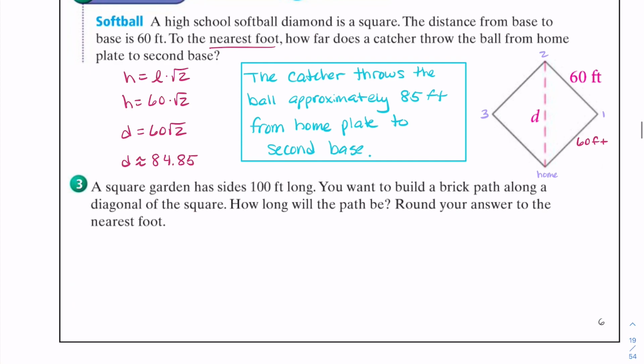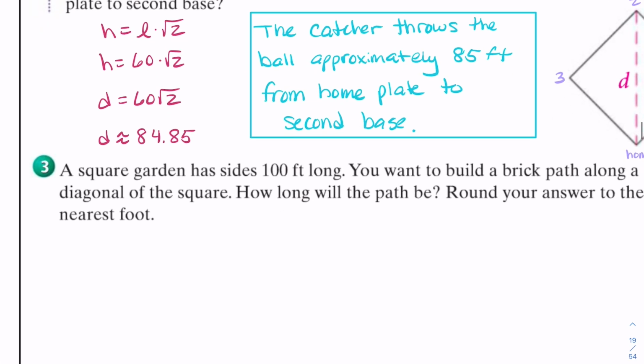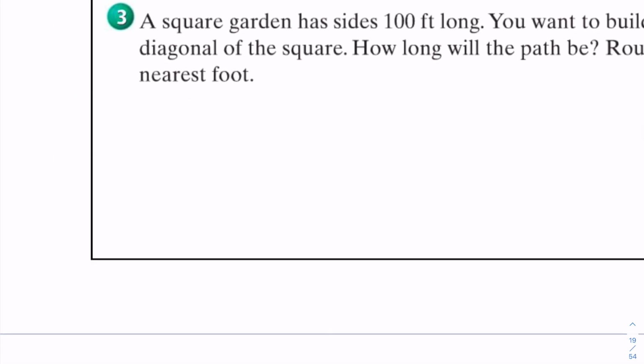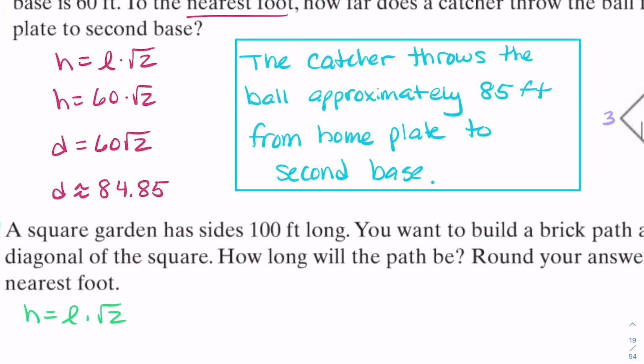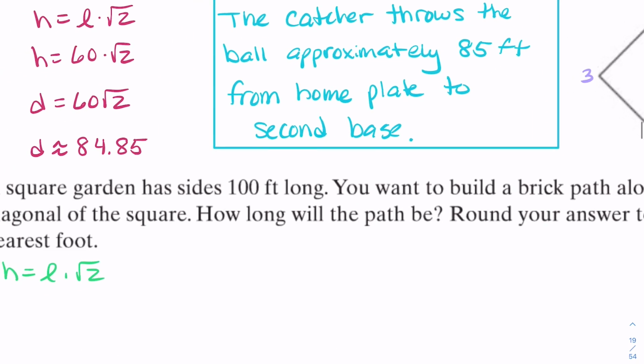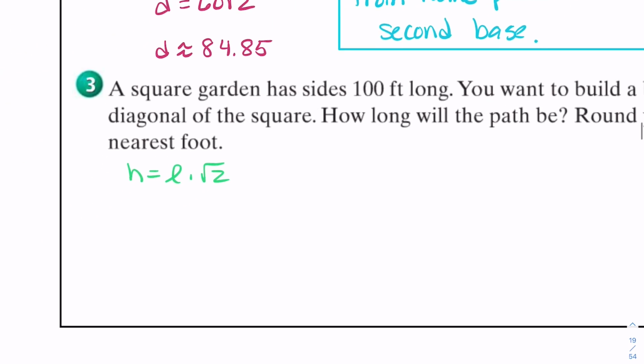Okay, that's that one. A square garden has sides 100 feet long. You want to build a brick path along the diagonal of the square. How long should the path be? So this is the same thing. We are going to say h is equal to L times the square root of 2. The garden has sides, yep.